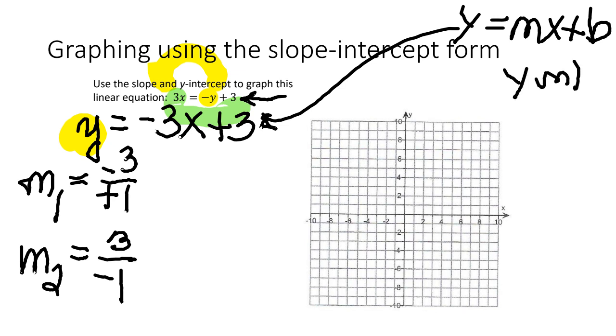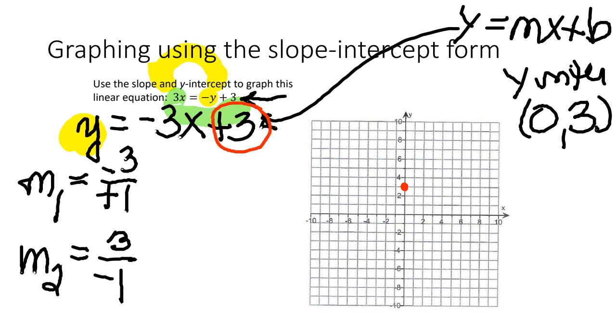My y-intercept is 0, 3, which means 0, 3 is right there. That's my y-intercept, okay? And that comes from the fact that this is a positive 3. I go vertically up. Now, my slopes.